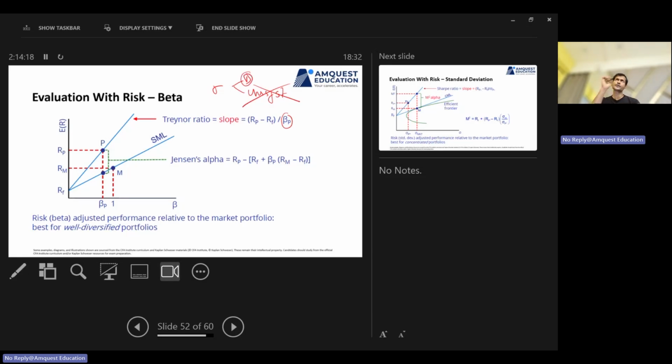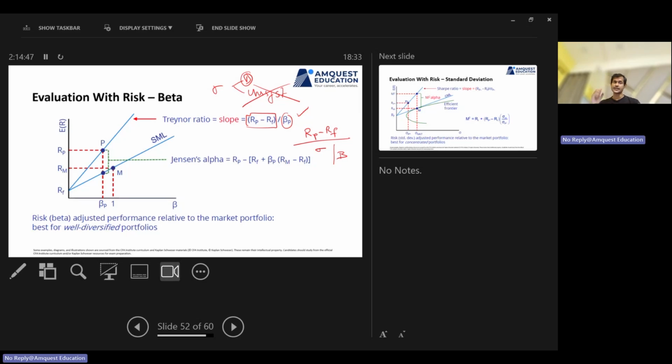I will give you a Treynor ratio which is the same formula as Sharpe, but I will divide by beta. So please learn for the exam, Sharpe and Treynor are the same thing. Both are using RP minus RF in the numerator, the excess. But Sharpe is using deviation as a proxy and Treynor is using beta as a proxy. That's the only difference. Are we clear?